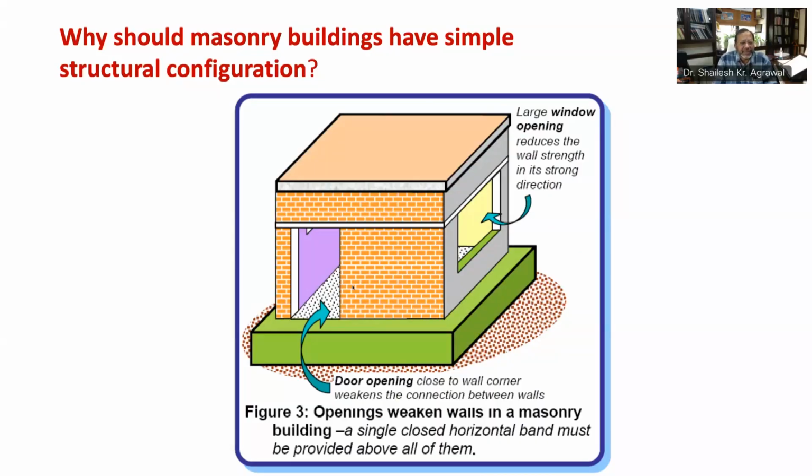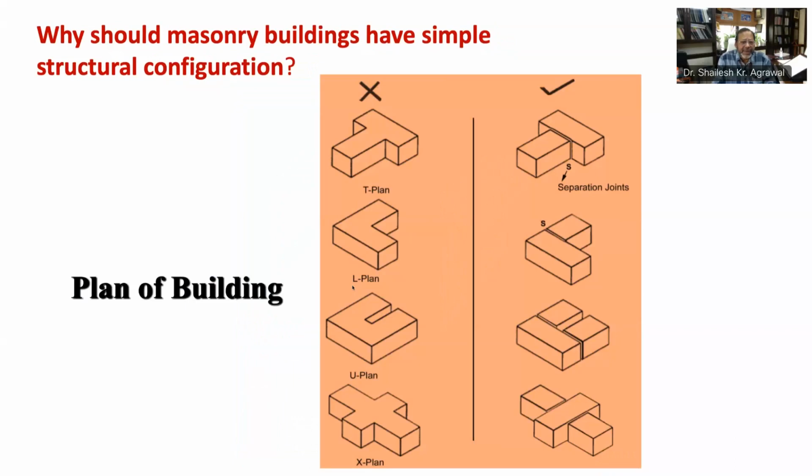Indian standards suggest a number of earthquake-resistant measures to develop good box action in masonry buildings and improve their seismic performance. For instance, it is suggested that a building having horizontal projections when seen from the top, that is, a building with plan shapes like L, T, Y, E, must be separated into simple rectangular blocks in plan, each of which has simple and good earthquake behavior.